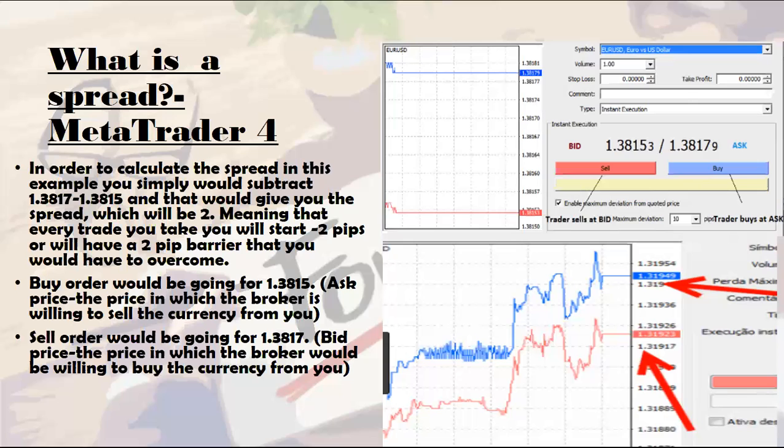Those types of pairs you want to be careful with, because their spreads can be quite high almost all the time. But if you're trading the major pairs, EU, UJ, GU, for the most part, the spreads will be pretty fair. It won't be too crazy on you. But just keep that in mind.